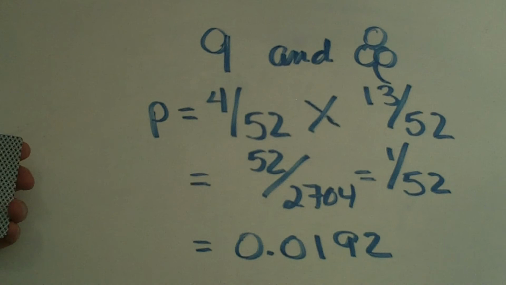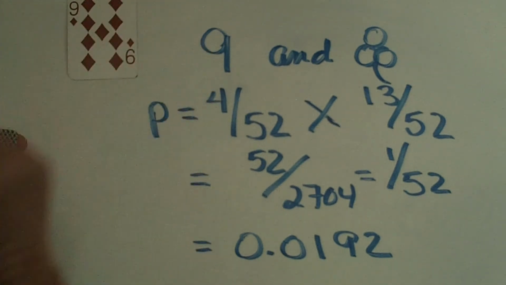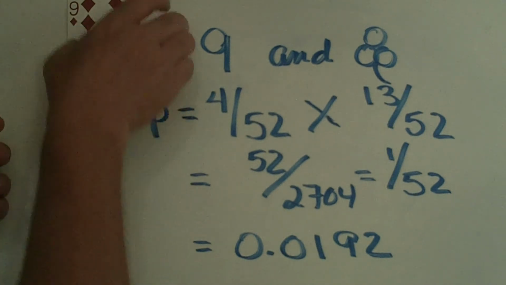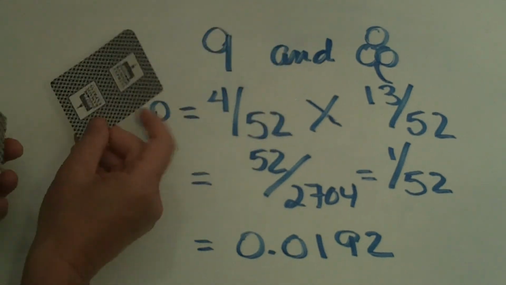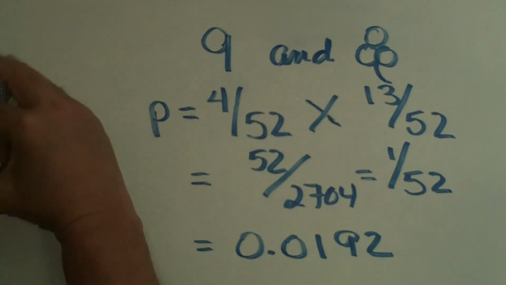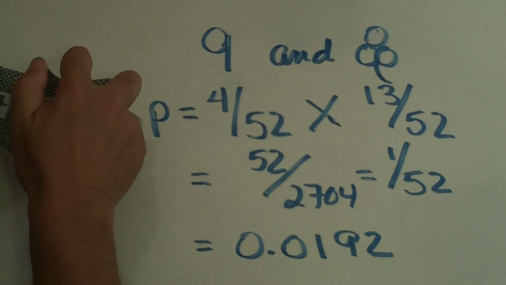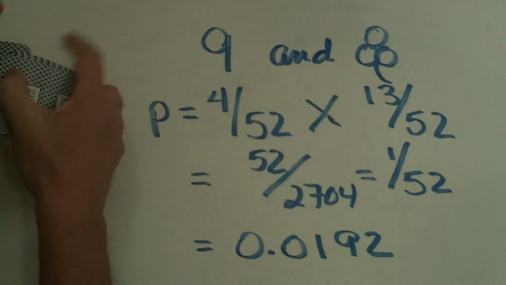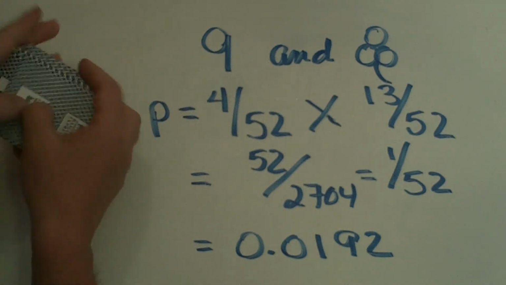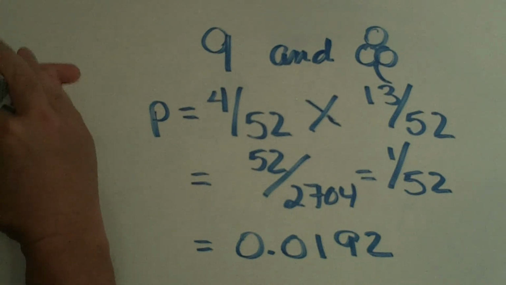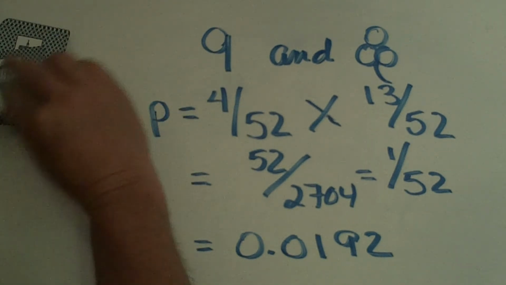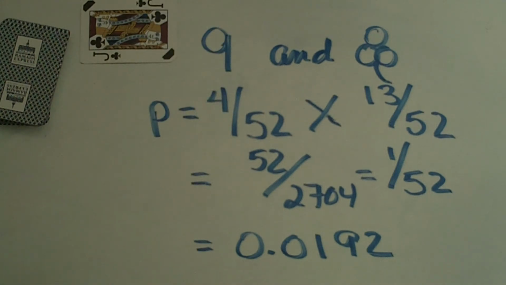Okay, so the first card from the deck I draw. Alright, I got lucky there. A 9. Alright, so the probability then, next that has to happen, I replace the card to the deck, shuffle the deck, next would be the probability of drawing a club. A club.